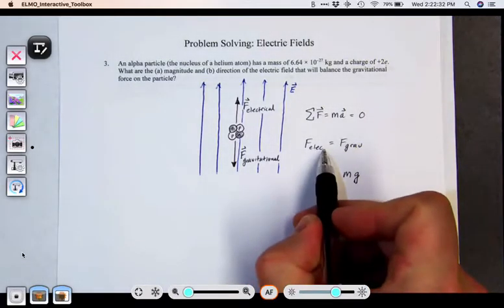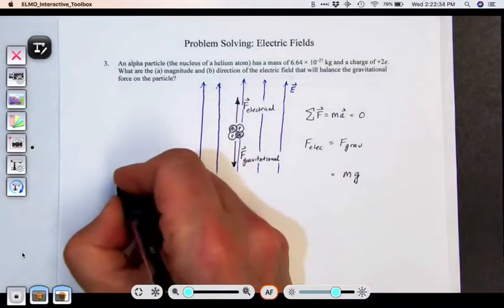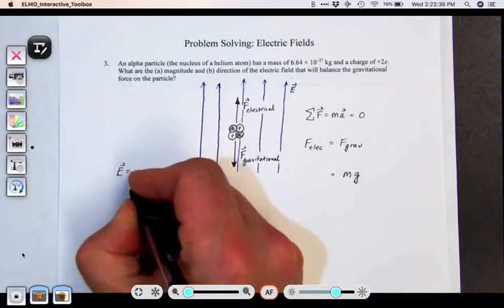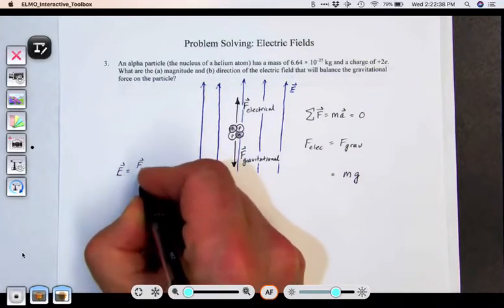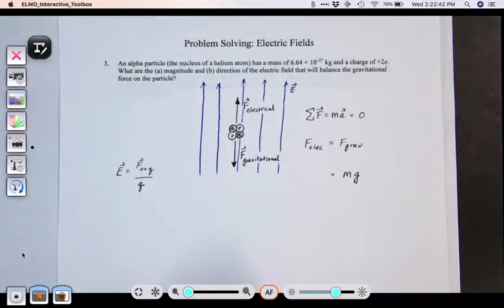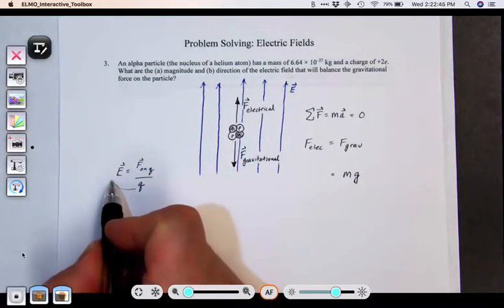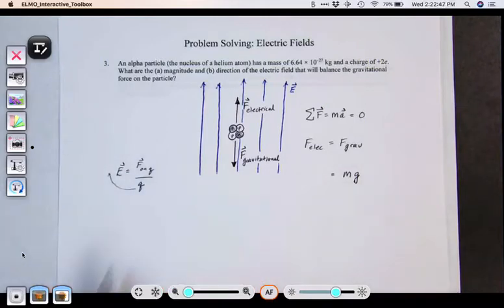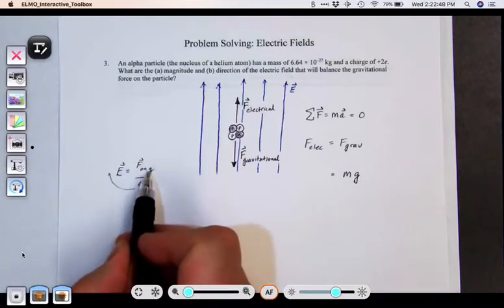And to get the electric force, I take my definition of electric field. Electric field is defined as the force on some test charge divided by the magnitude of that test charge. Well, if I move this Q up to the other side, I'll have an expression for an electrical force on a charge.